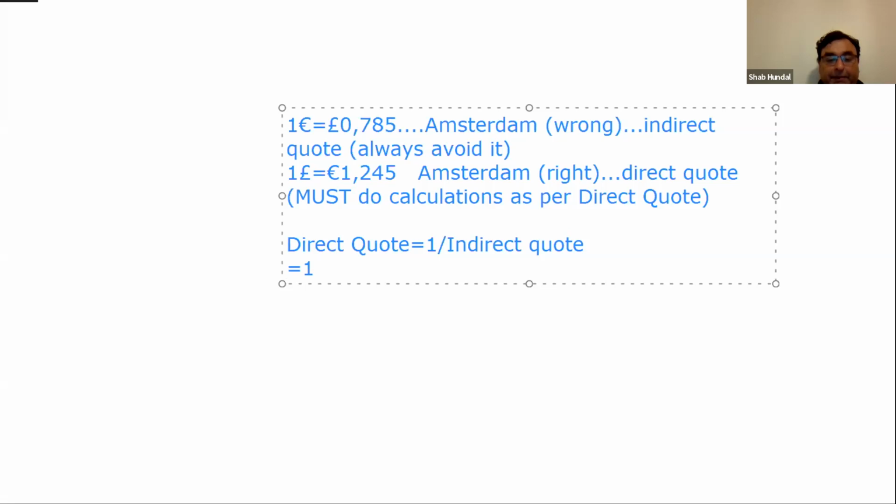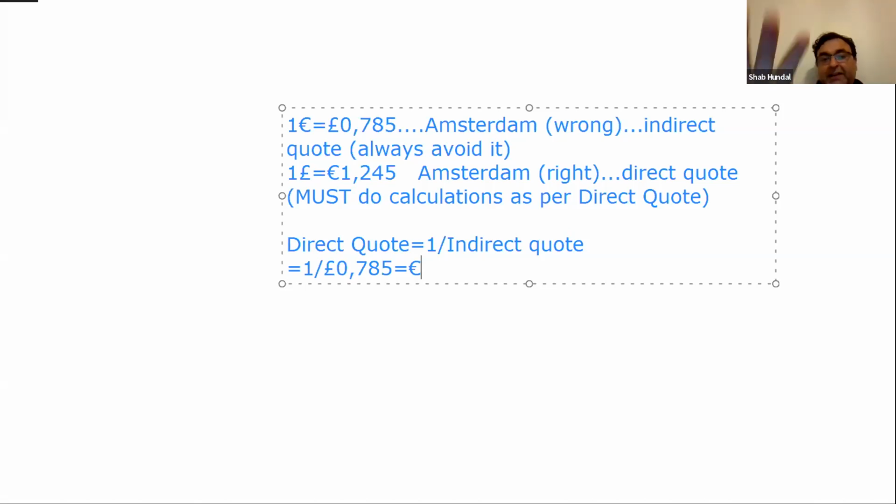If I divide 1 by the indirect quote, which was pound 0.785, then it should be equal to euro.